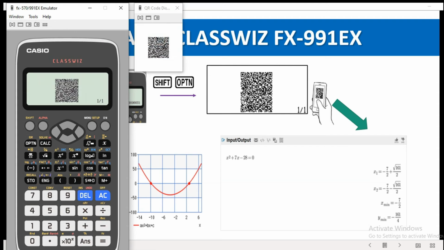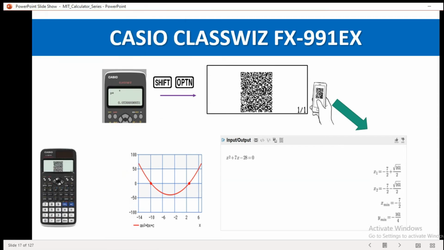It will give you a QR code and you can scan it with the help of your smartphone, and you can visualize the graph like this, and it gives you the output values on the screen as well. So this is the advanced feature of this model of the ClassWiz FX991EX series.